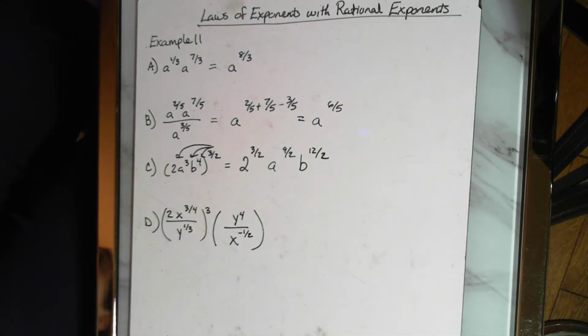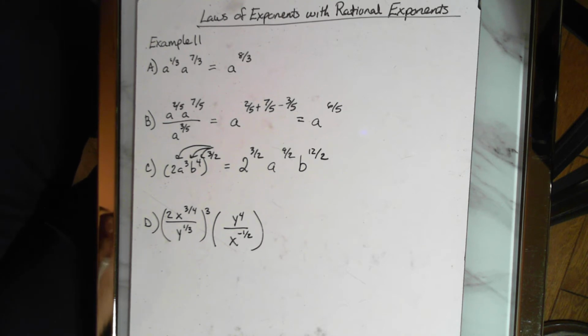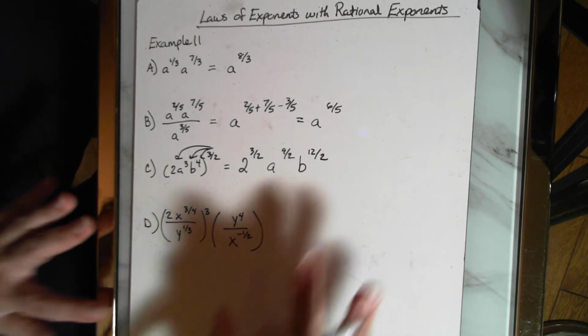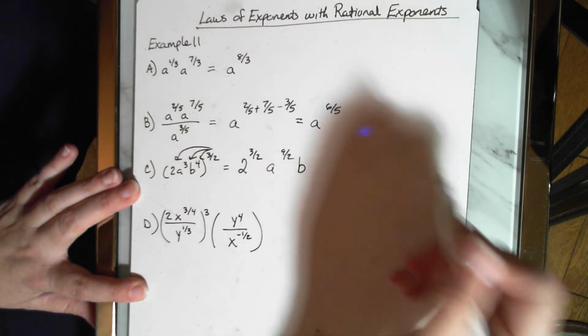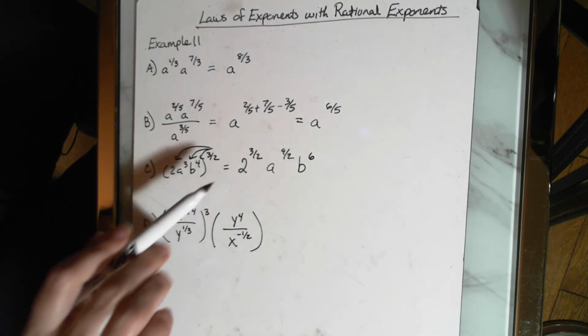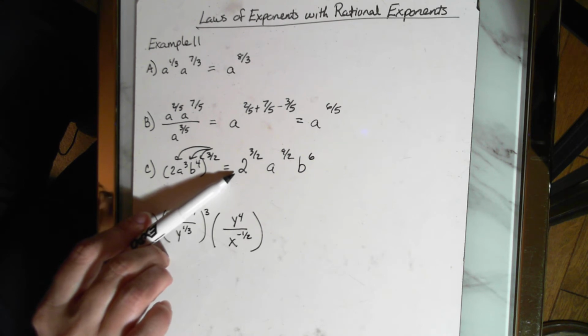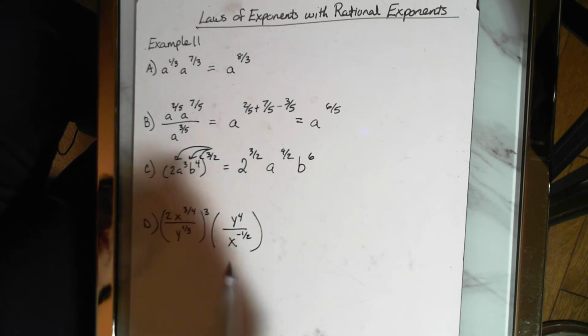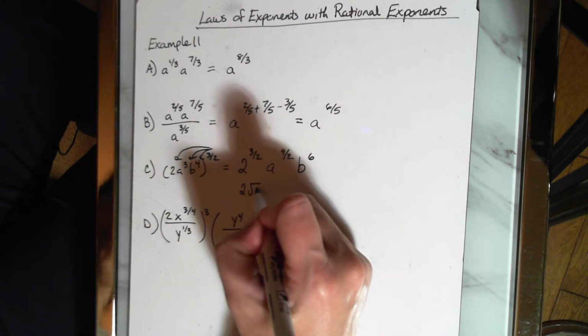Now, that 12 over 2 can be reduced to 6, so I'm going to do that. And if I wanted to, I could simplify this. There's not a lot I can do, but I can change this into 2 times the square root of 2.